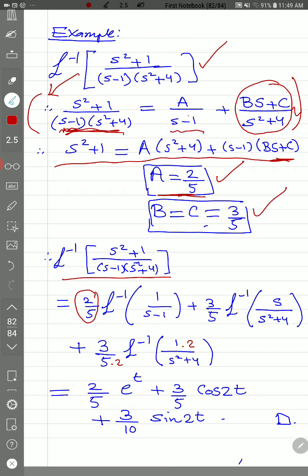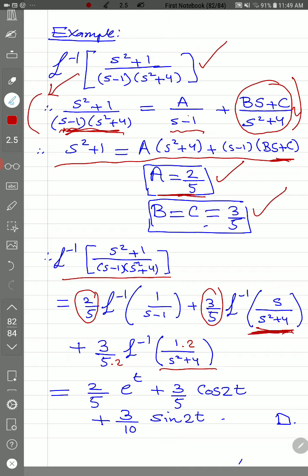And then I separate this into two terms, one with S and one without S. So I take the B outside, 3 over 5, and I put the C also outside. You see something in red here, because here it is straightforward, this is the cosine.